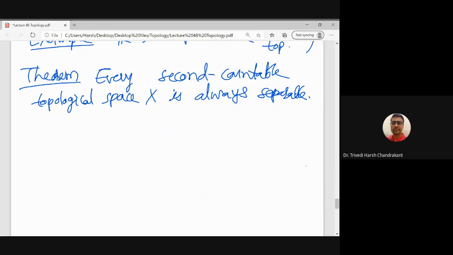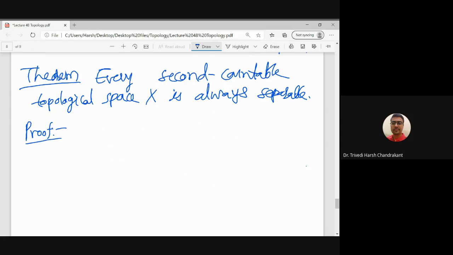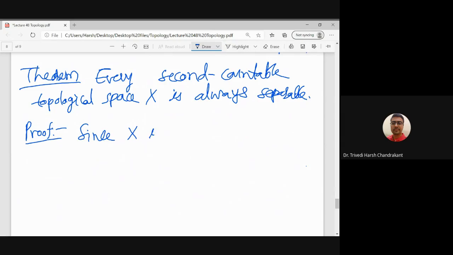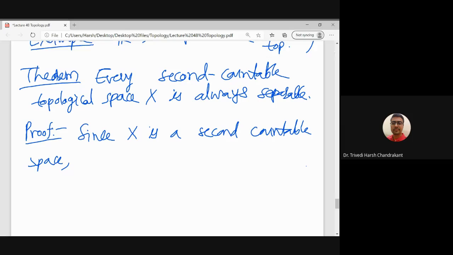So we will consider a basis. Since X is a second countable space, we have a countable basis, right?